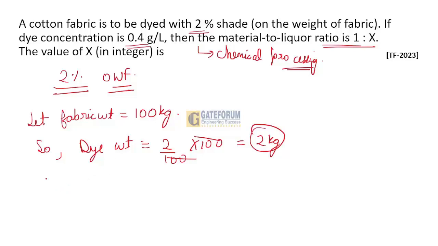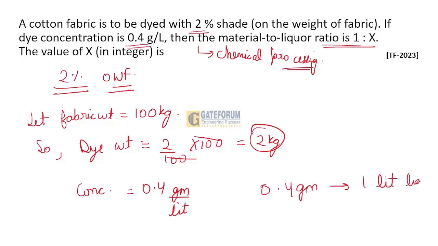And for 2 kg dye in 100 kg of fiber, the concentration is given as 0.4 gram per liter, so 0.4 gram in 1 liter of liquor.